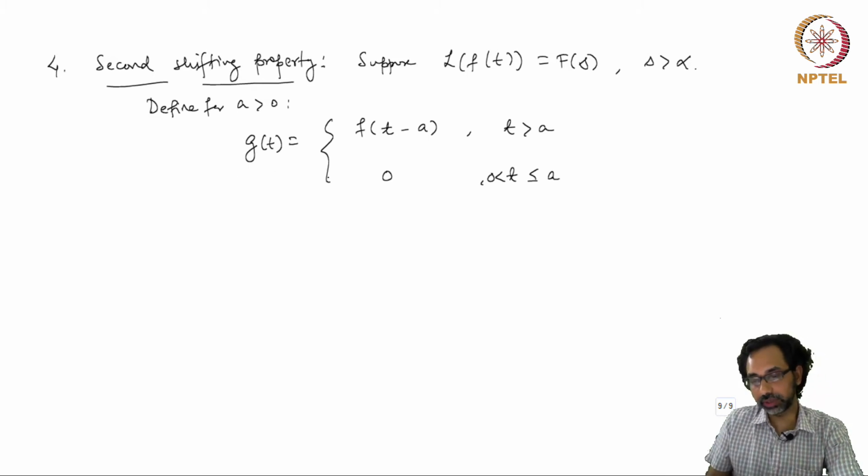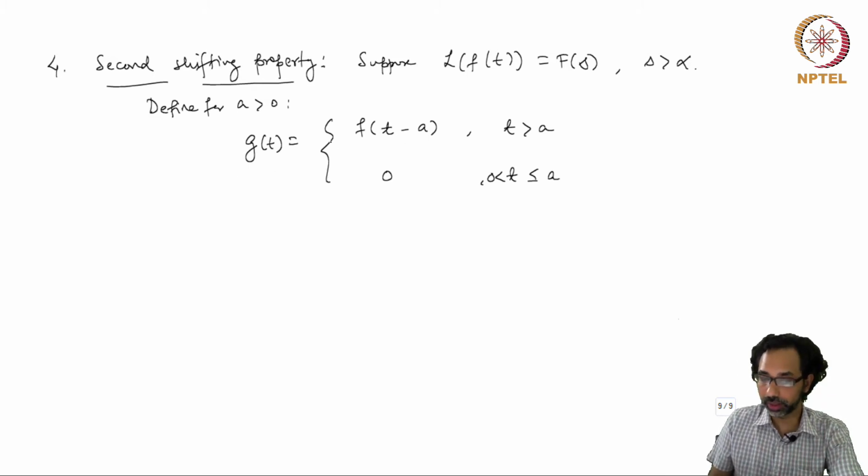So now we have shifted the whole function f(t) to the right by defining this function g(t) to be f(t minus a) for t greater than a. So this means that when t approaches a, then g(t) approaches f(0).